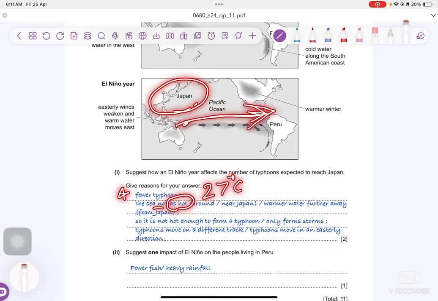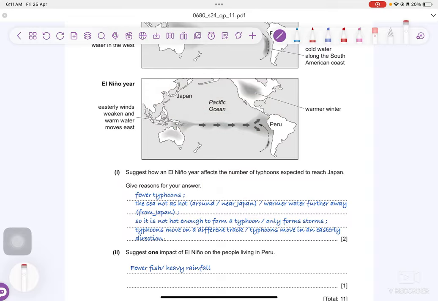It should be the opposite. It should be going to Japan. But since that's not the case, Japan's water is not going to be 27 degrees Celsius. It's going to be colder. So fewer typhoons, because it needs 27 degrees Celsius at least. The water is not hot enough to form a typhoon.